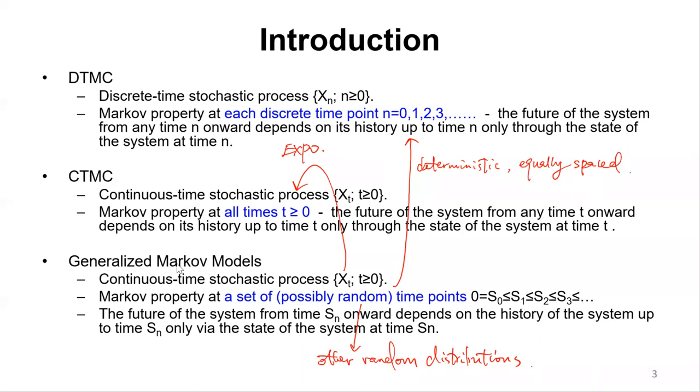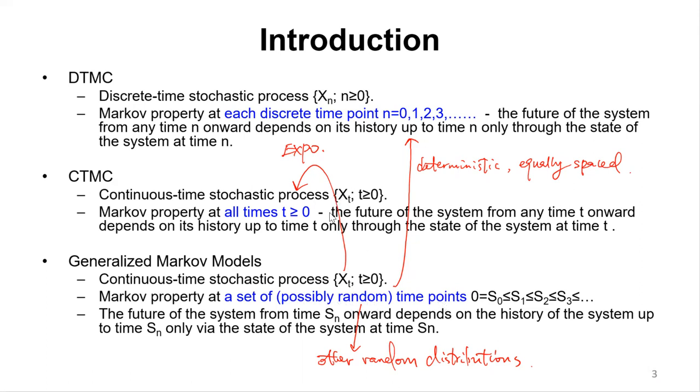So generalized Markov models, it's generalized. It's a continuous time stochastic process. You see here, it is also indexed by time t greater than or equal to 0. But here, the Markov property holds at a set of possibly random time points.